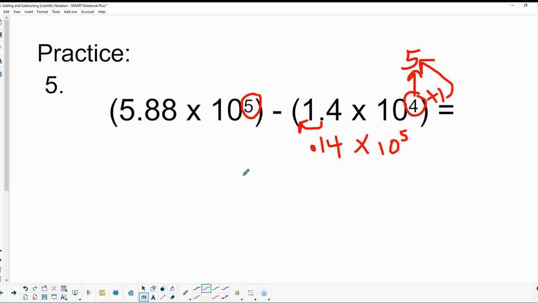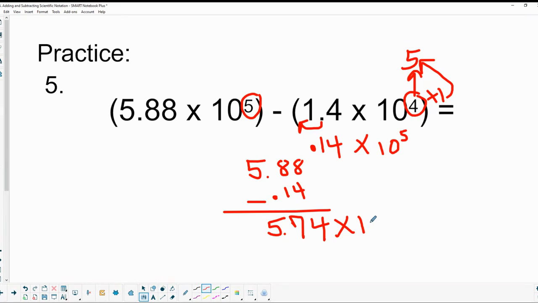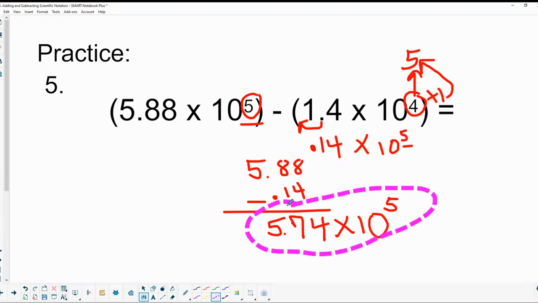So now we just have to do a simple subtraction. 5.88 subtract 0.14. That will give us 5.74 times 10. And now that we have our exponents the same, which is 5, we just put a 5th power right there, and we are good to go. So we circle our answer, and we're done with that problem.